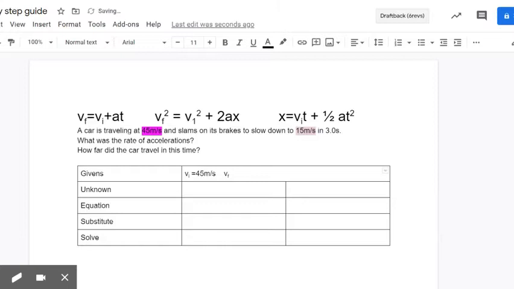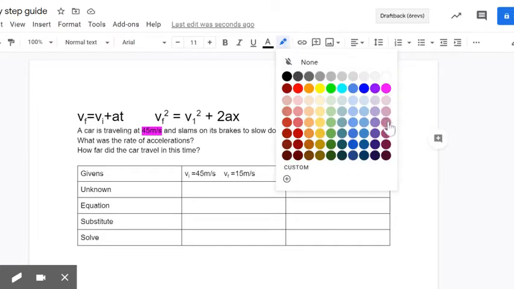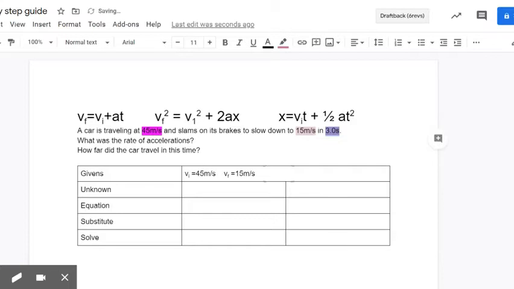It told me it was doing 45, and now it's doing 15, so that's my VF. I keep reading, and it says in 3 seconds. Seconds is the unit we use for time. So the third given I found is time.